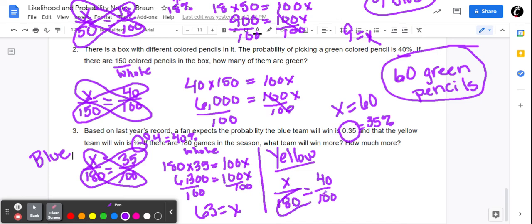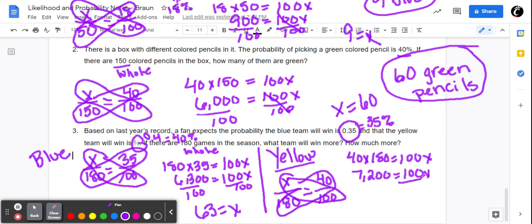So again, I'm going to cross multiply. This time I'm going to do 40 times 180 equals 100x. All right, so 40 times 180 gives me 7,200 equals 100x, and I'm going to divide both sides by 100, leaving me with x equals 72, meaning the yellow team is predicted to win 72 games.